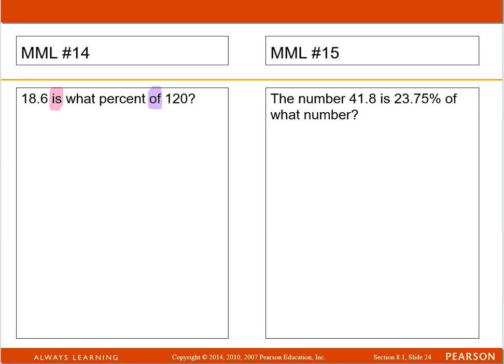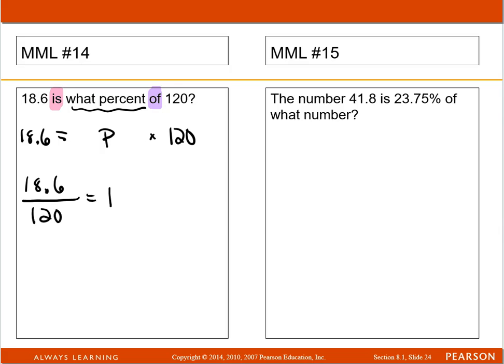So we're looking at 18.6 is what percent, I'll just call that P, of means to multiply, 120. So since P times 120 equals the 18.6, just take the 18.6 and divide it by 120 to get P.